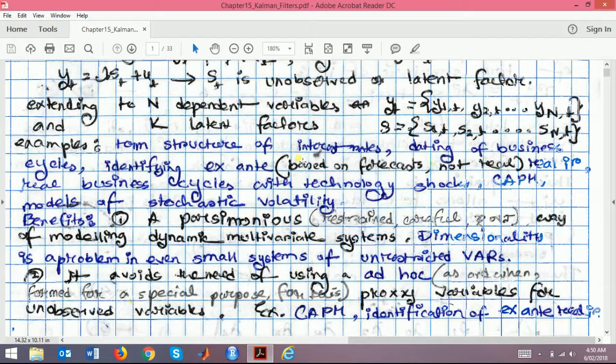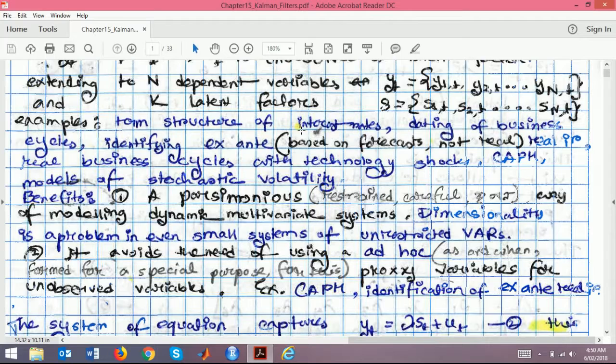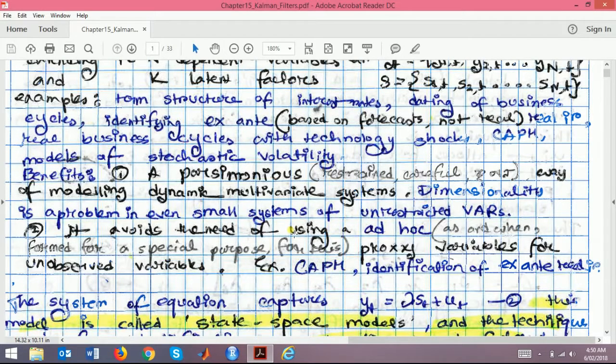Now the beauty of this is that it is the reason why latent factors are highly used in making very accurate in-sample predictions. Benefits: a parsimonious, meaning restrained or careful, way of modeling dynamic multivariate systems.